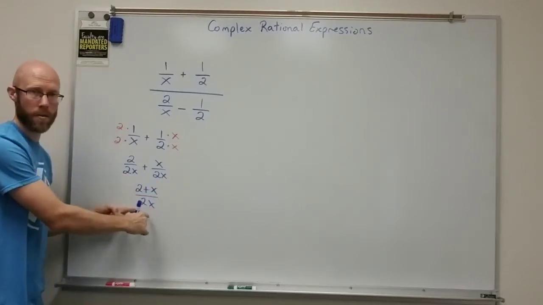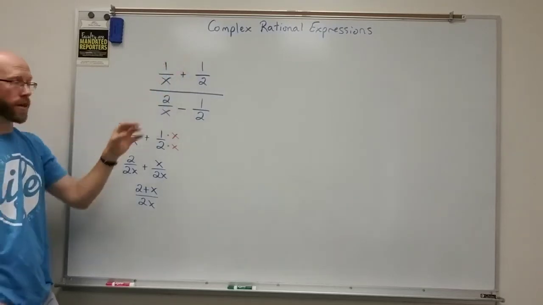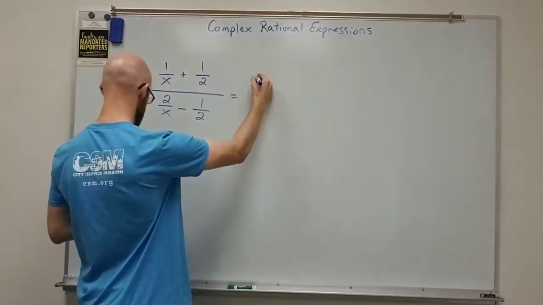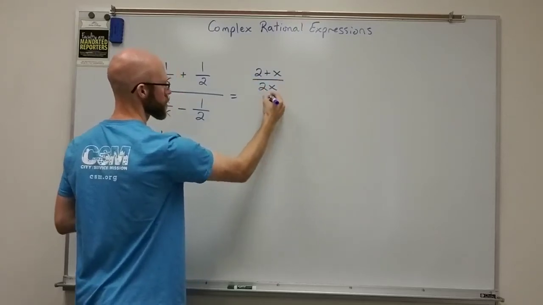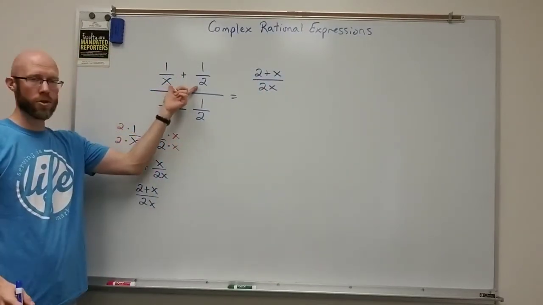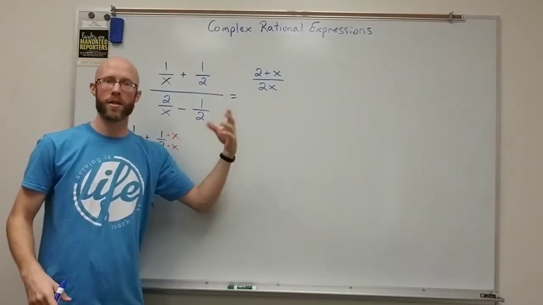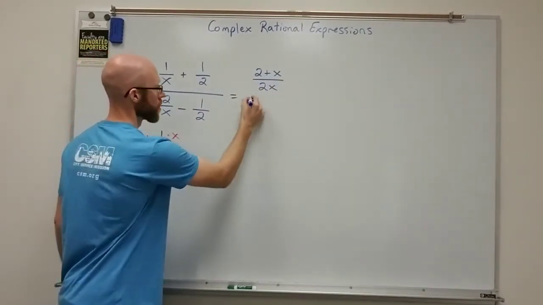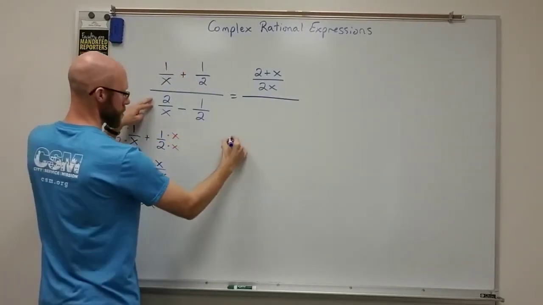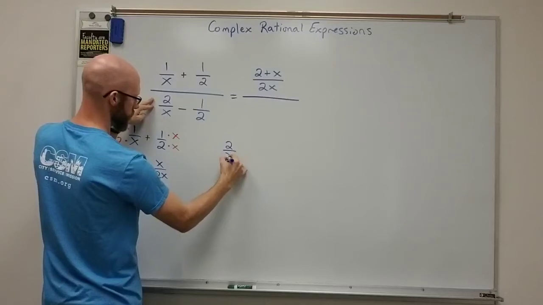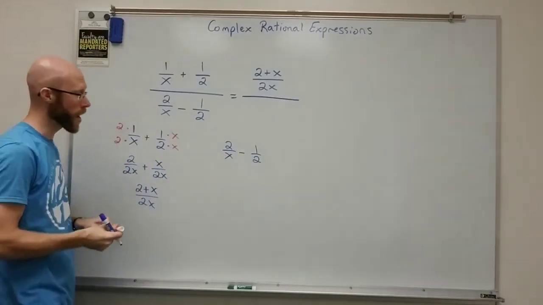They have a common denominator. So that becomes my new numerator, the combination of those two. So it's 2 plus x all over 2x. So what I've done is I've taken two fractions and turned them into one. I'll do the same on the bottom and then do the copy dot flip. On the bottom, I'll take those off to the side here as well. 2 over x minus 1 over 2. Again, the LCD is 2x.